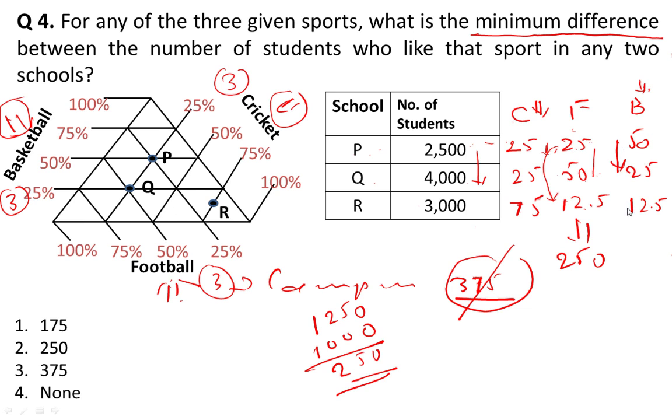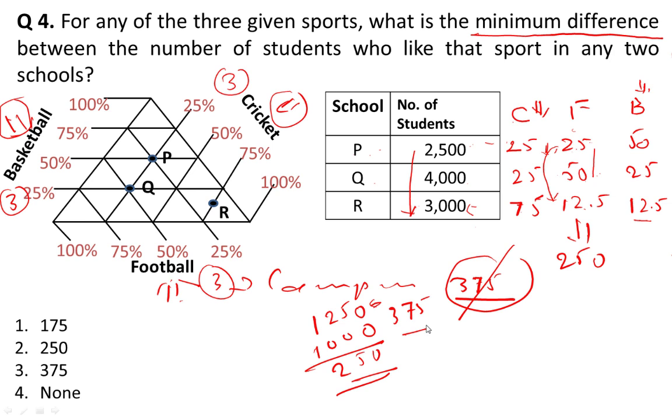Okay. How about P and R? In P and R, R base is more than P, whereas the breakup of R is much less than P. Okay, so check this one. 50% of 2500, which we have already worked out, is 1250, and 12.5% of 3000 is 375.